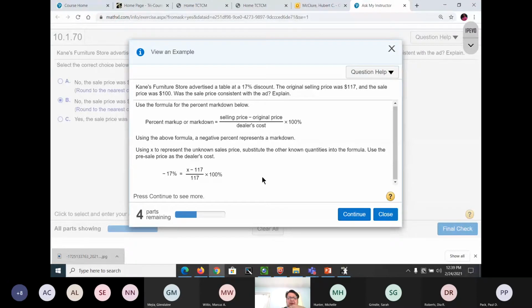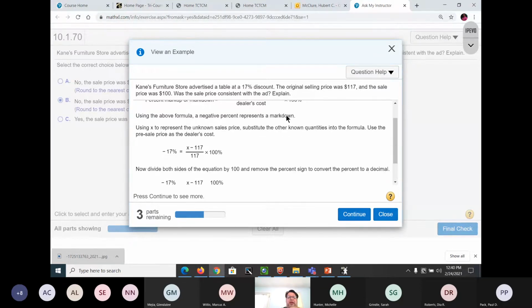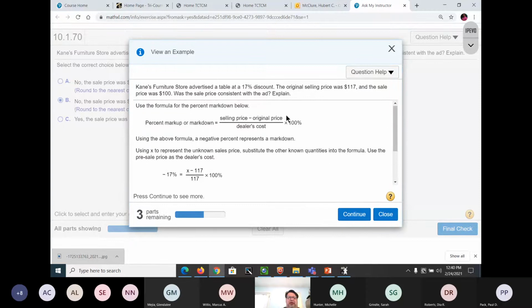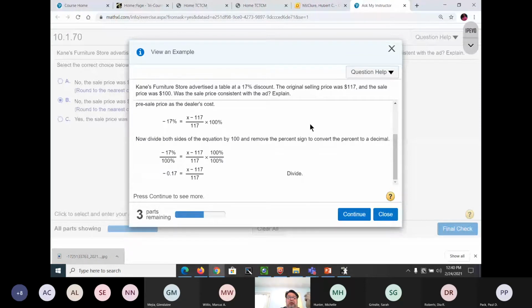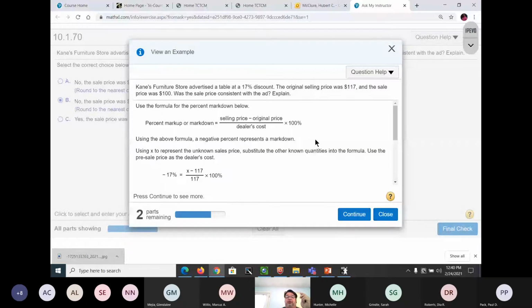Wait a minute. They can't call the original price and the dealer's cost the same thing. Okay, in mathematics, I've never heard of this before. But now the original selling price is the same thing as the dealer's cost.